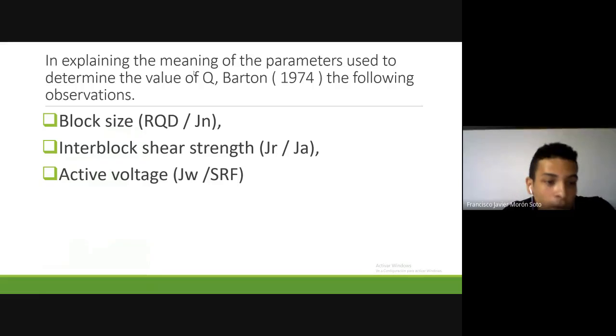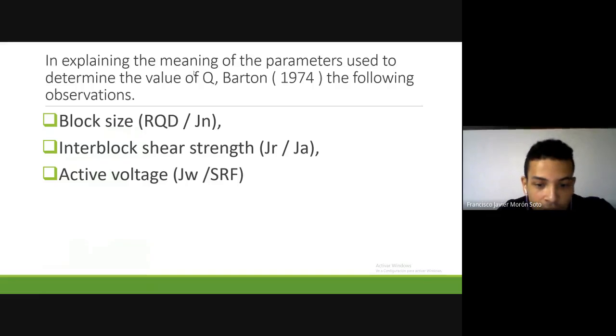The following observations: block size, RQD and JN, representing the structure of the rock mass, are a gross measure of the block of particular size.